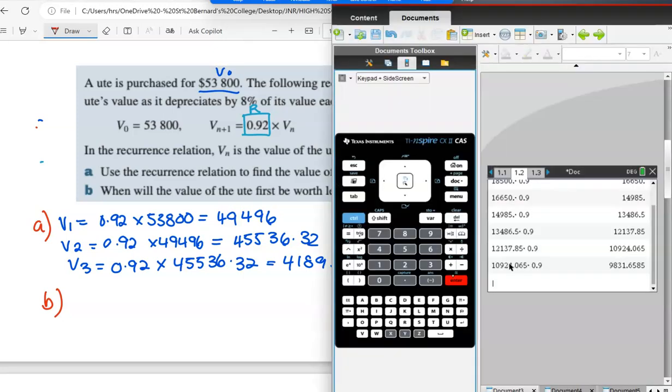And then part B, when will the value first be worth less than 30,000? We could do this again on the calculator. It's 53,800. Type the first one in and times it by 0.92. So 1, 2, 3, 4, 5, 6, 7, 8.